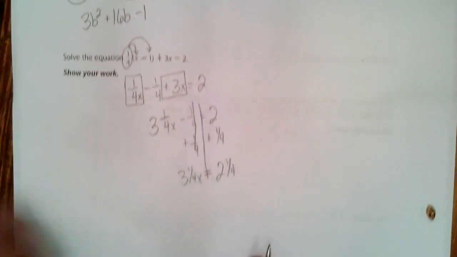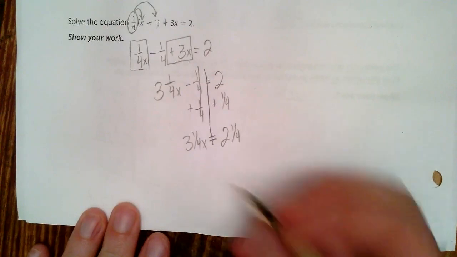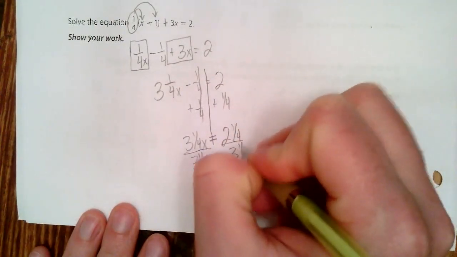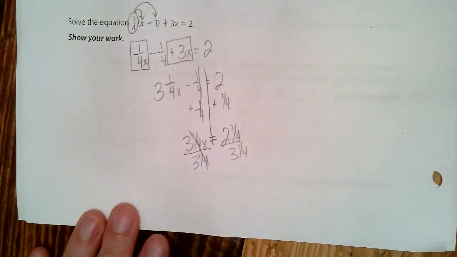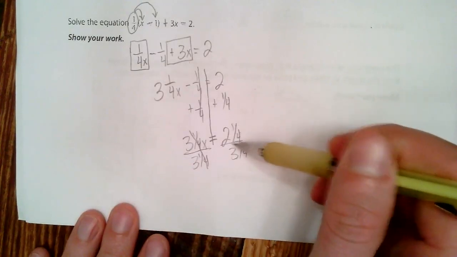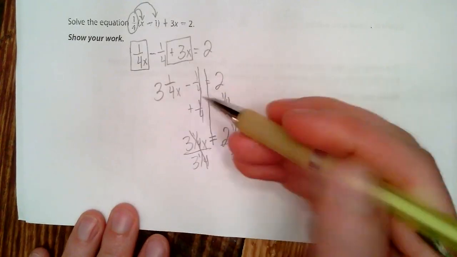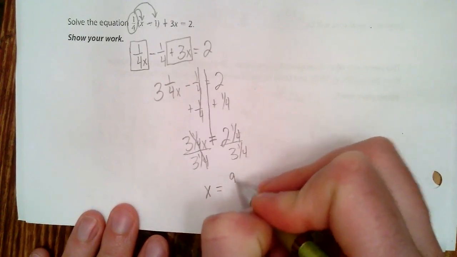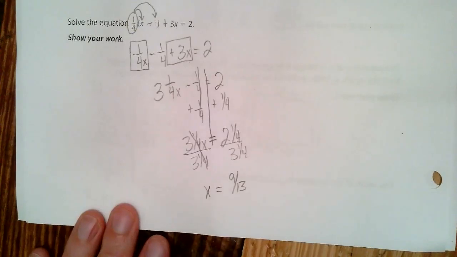And then I can divide both sides by 3 and 1/4. Now remember, I can't divide by a fraction normally, but you can put this in your calculator. Put the top number in first, 2 and 1/4 divided by 3 and 1/4. That leaves me with x equals 9/13.